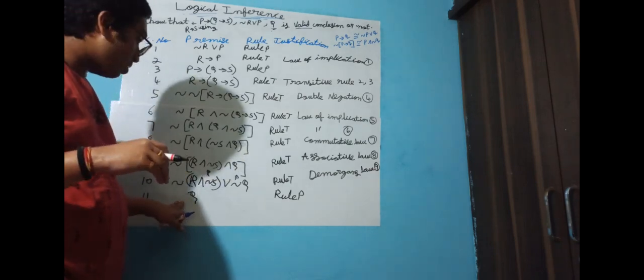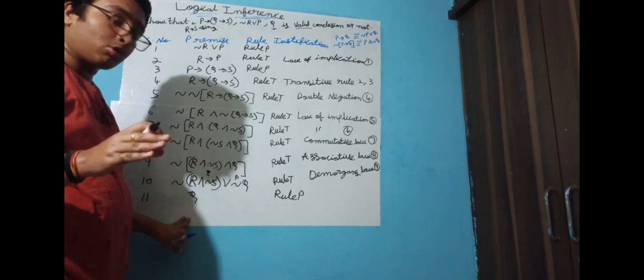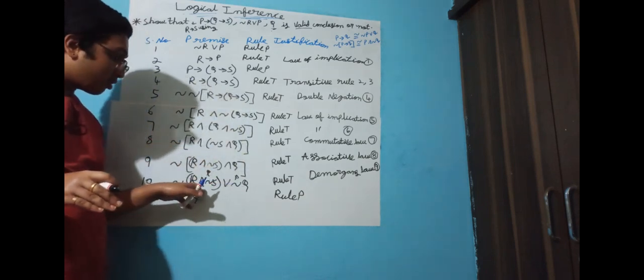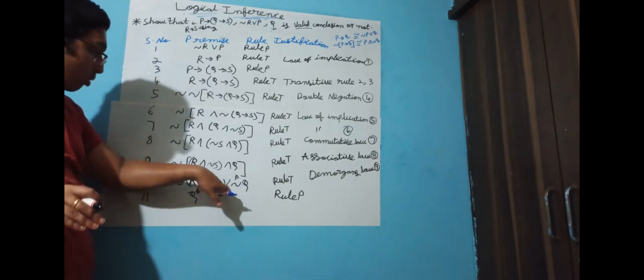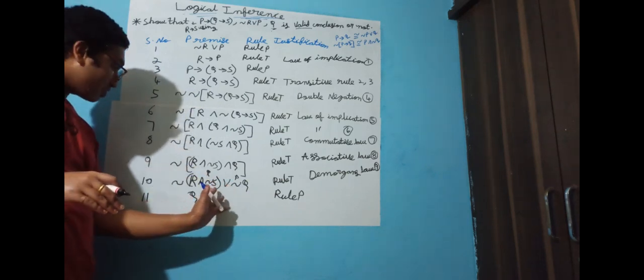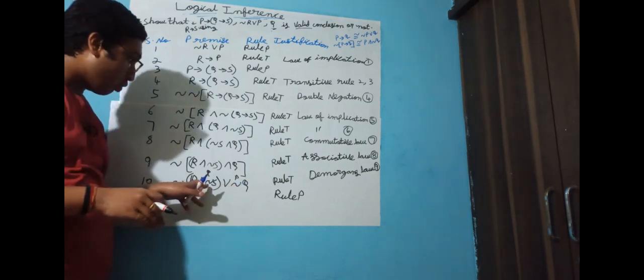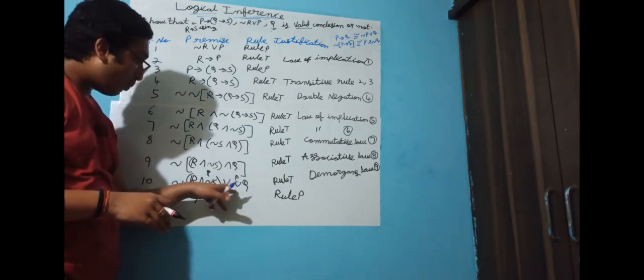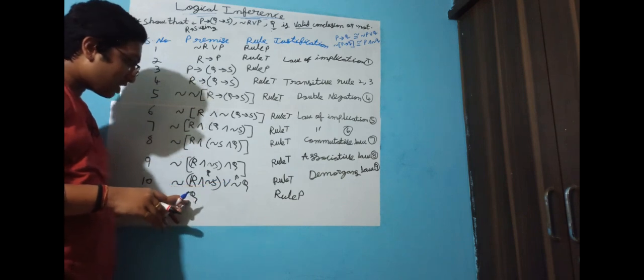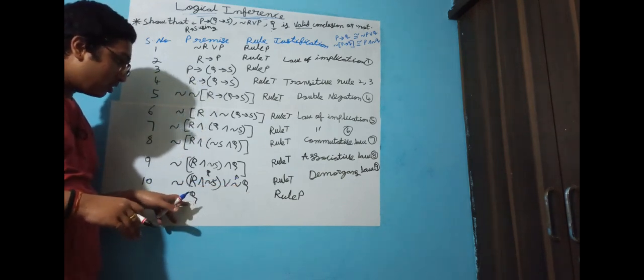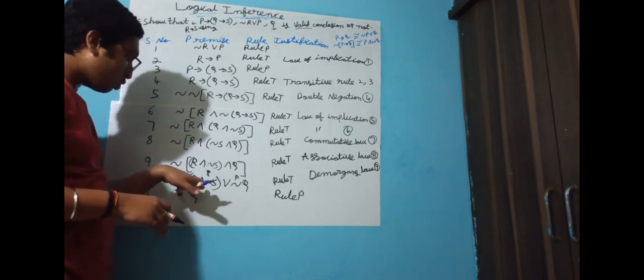Disjunctive syllogism. Then Q has to be true. Here you can take this P and this Q, so by commutative law you reverse step 10. Then this becomes P, this becomes Q. Then P or Q, and this is negation P, right? Here negation Q is there, here Q is there. So negation Q has to be true.